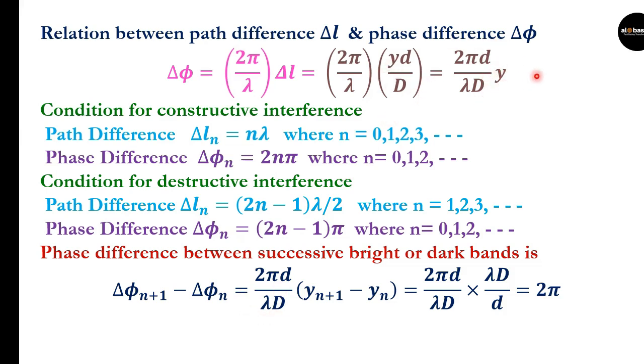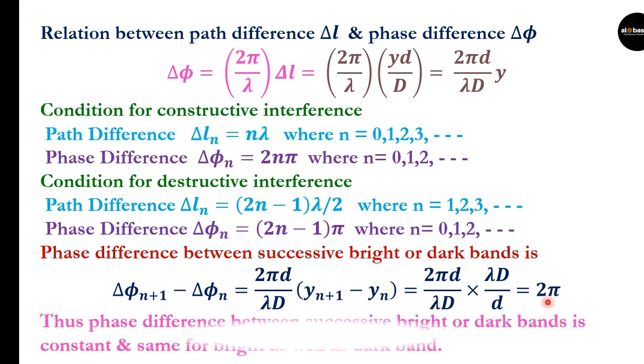Now instead of y, here it will be y n plus 1 minus y n, and we saw that the value of y n plus 1 minus y n is nothing but the fringe width, and it is the same for bright band as well as for dark band. Its value is given by lambda D by d. So we substitute that value, and by calculating we come to the value 2 pi.